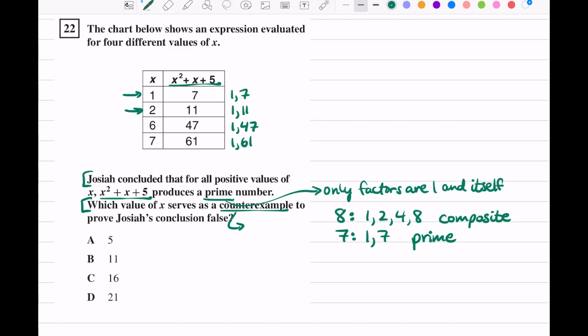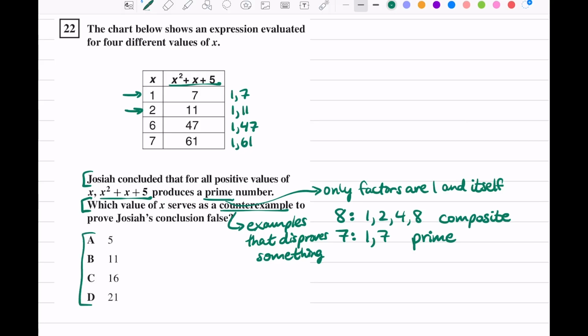So a counterexample is an example that disproves something. If Josiah is claiming that every positive x value produces a prime number in the second column, if we want to prove him wrong, we just need to find one x value that does not produce a prime number.